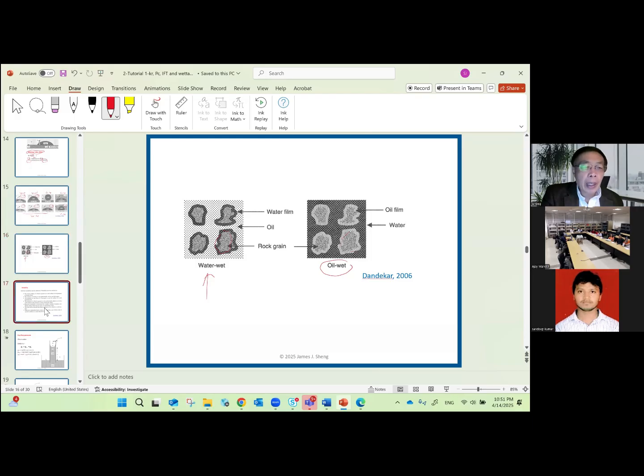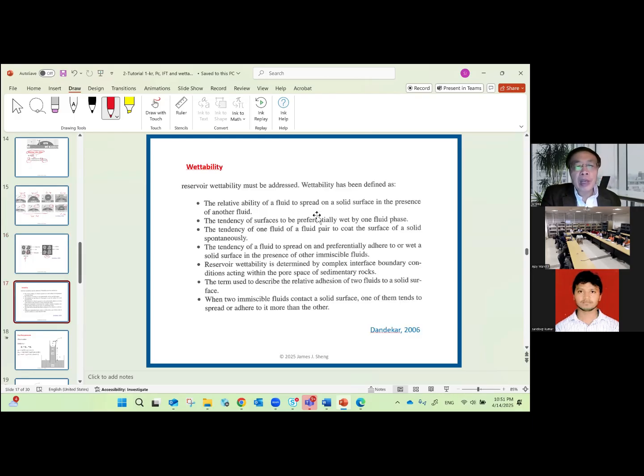Now, here is the wettability definition. We can use different sentences or different ways to describe wettability. Reservoir wettability can be defined first as the relative ability for a fluid to spread on a solid phase in the presence of another fluid.